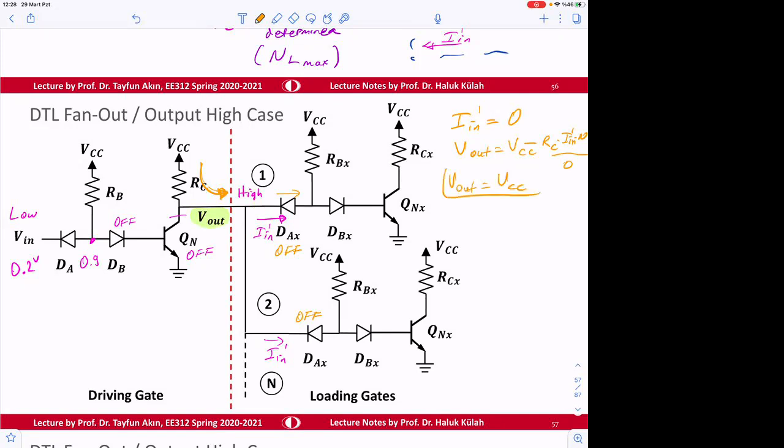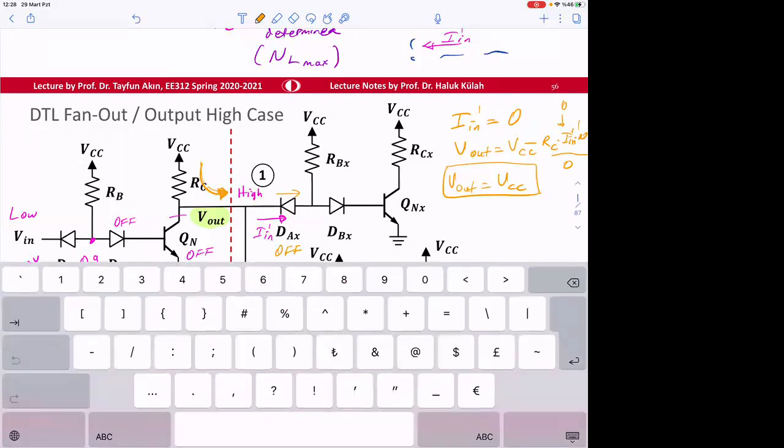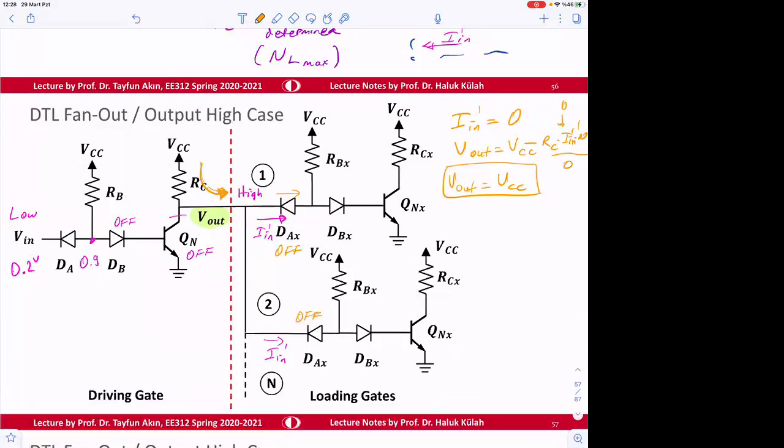Okay. Is there a limit? Since this is 0, N can be infinity, right? So it doesn't matter how many you connect, output will remain at high. So we say that N high max is infinity.